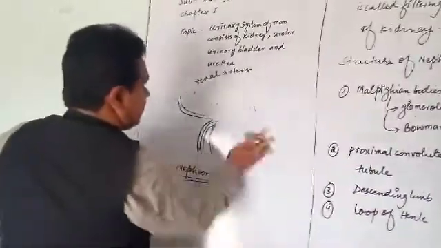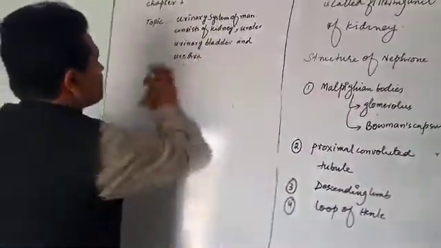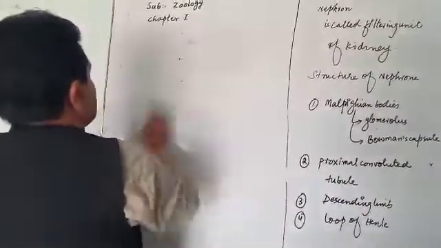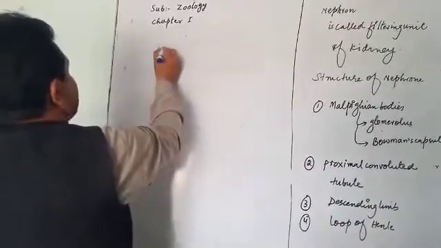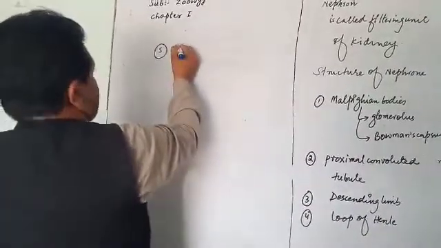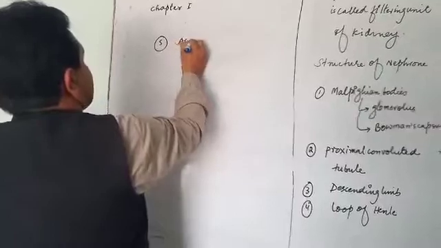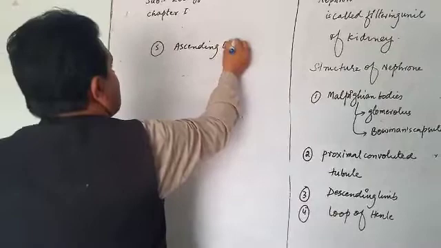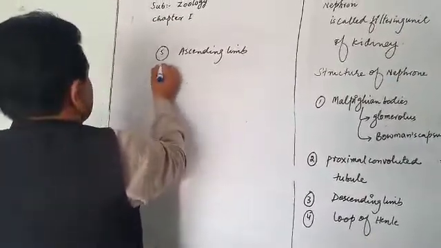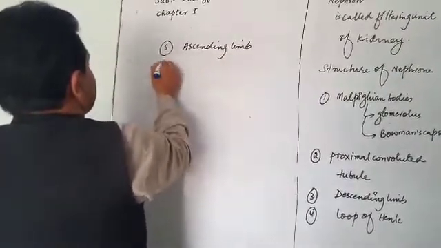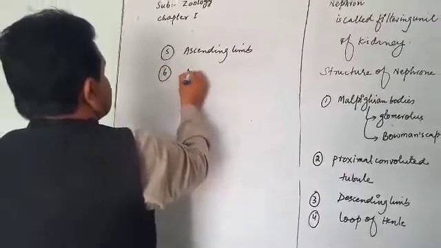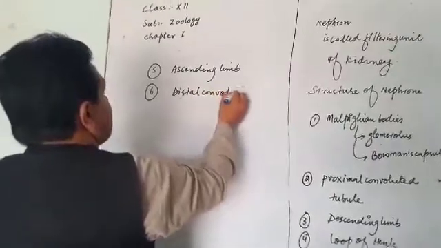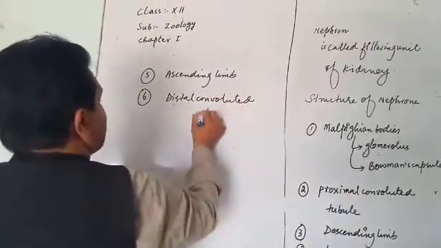Number 5 is ascending limb. Number 6 is distal convoluted tubule.